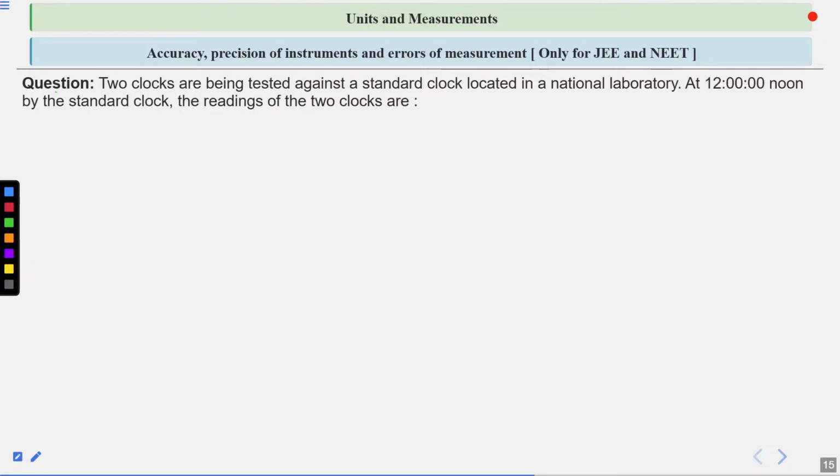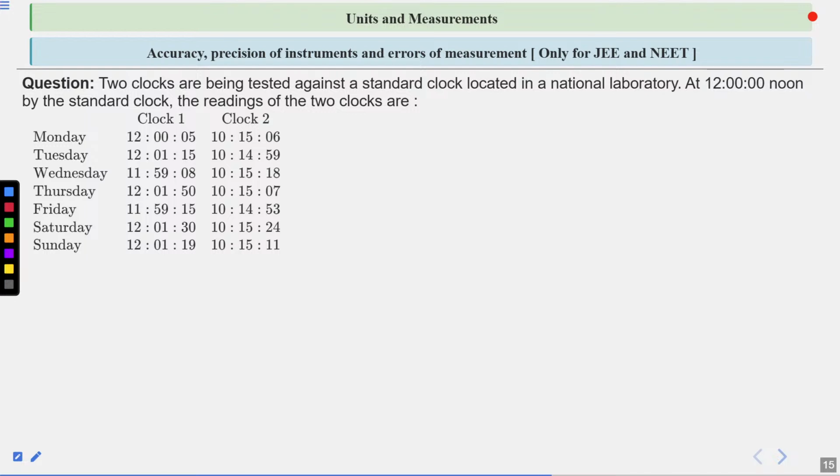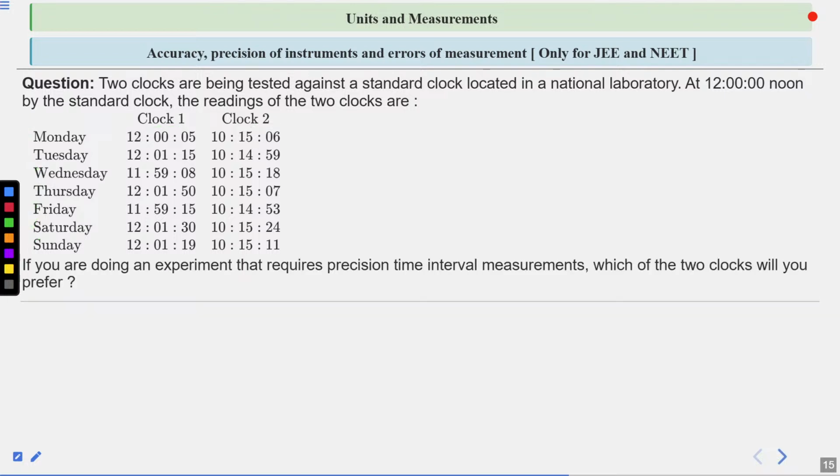Now question. Two clocks are being tested against a standard clock located in a national laboratory at 12 noon. By the standard clock, the readings of the two clocks are given for Monday, Tuesday, Wednesday, Thursday, Friday, Saturday, Sunday, for clock first and clock second.